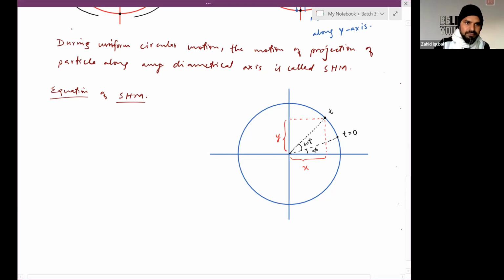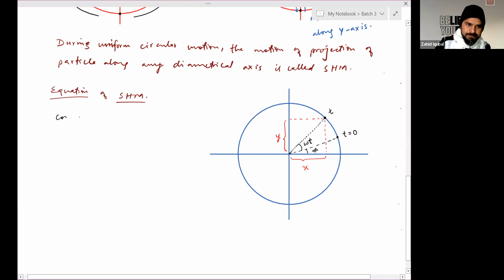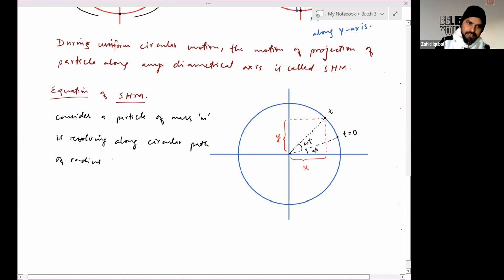So consider a particle of mass m is revolving along circular path of radius a at uniform angular velocity omega.